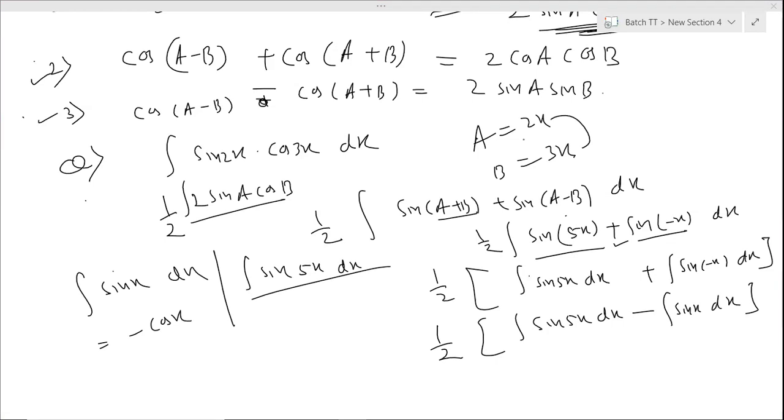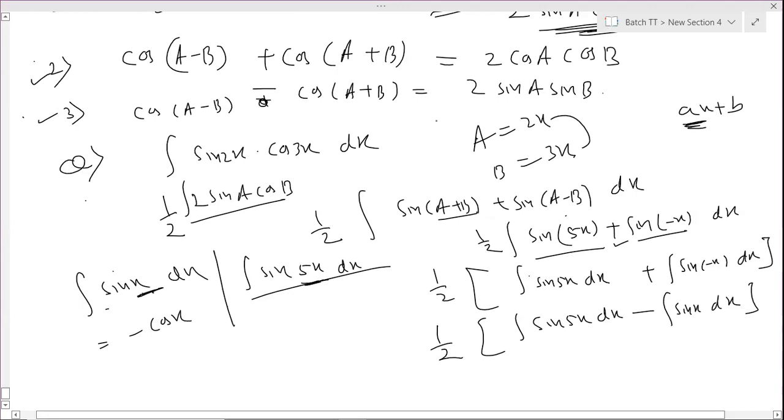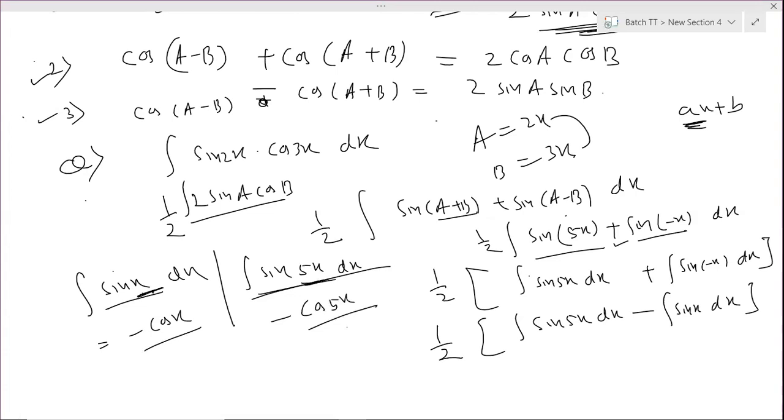Absolutely, you can do that also, but I told you a direct method too. If anybody replaces x with a linear function of x, linear function means ax plus b, then just divide by the coefficient of x. Integration of sine x is minus cos x, so integration of sine 5x will be minus cos 5x upon 5.